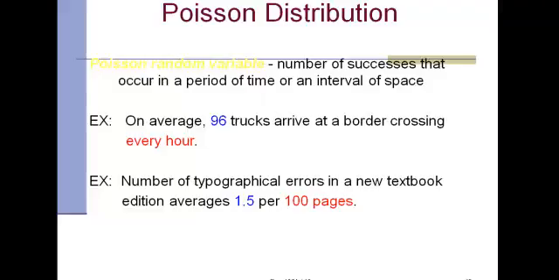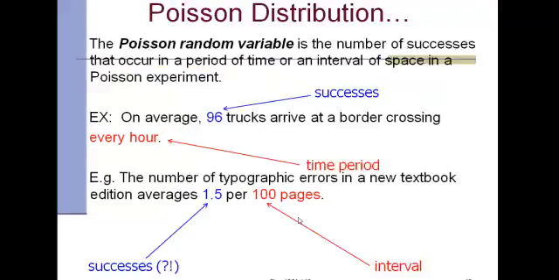Couple more examples. On average, 96 trucks arrive at a border crossing every hour. The number of typographical errors in a new textbook edition averages 1.5 errors per 100 pages. So, again, this is the successes, we're calling these errors the successes.